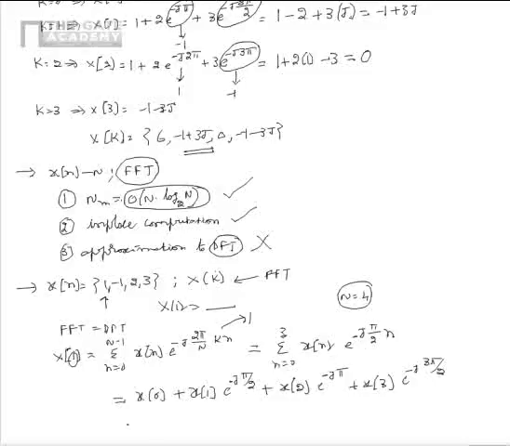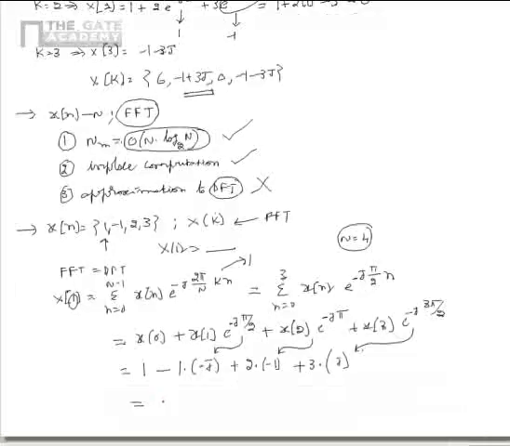Upon substituting for different values, we see that this is equal to 1 plus (-1) multiplied by minus j, because e power minus j pi by 2 is equal to minus j, plus 2 multiplied by minus 1, because e power minus j pi is equal to minus 1, plus 3 multiplied by j, because e power minus j 3 pi by 2 is equal to j.